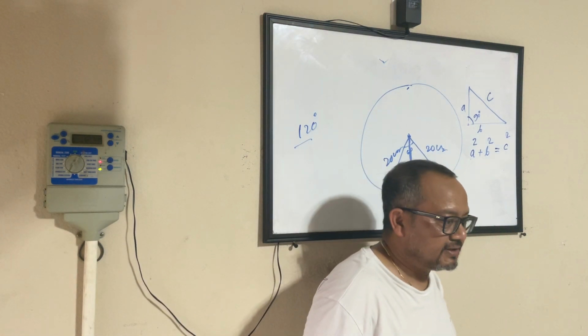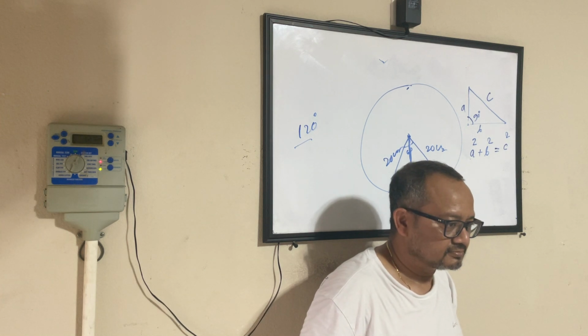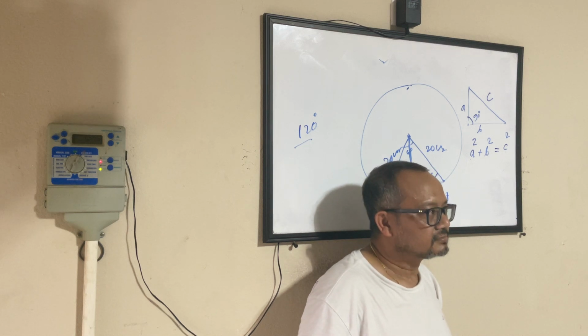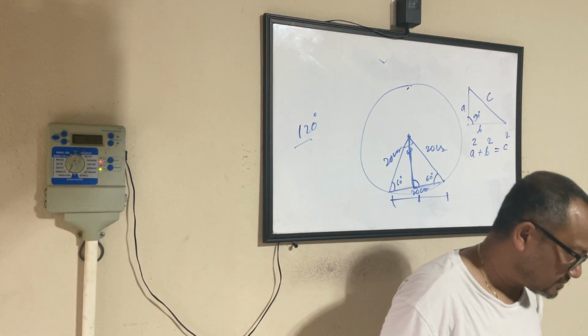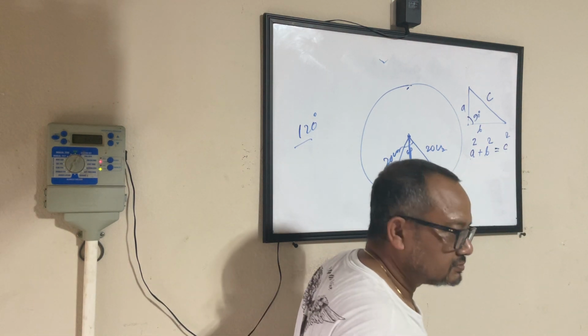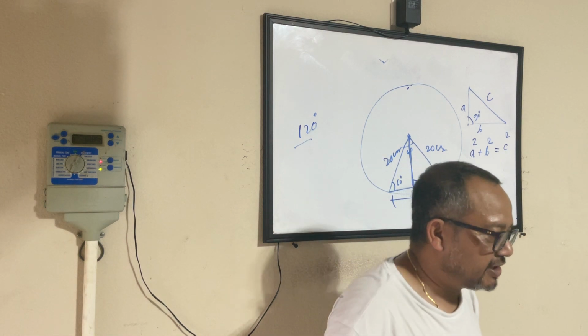And yes, Arihan. Wait, I have a question. How can you assume that triangle is an equilateral? One more time. How can you assume that triangle is an equilateral? I don't think I could hear your question.